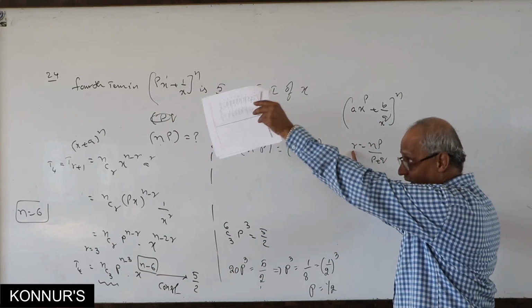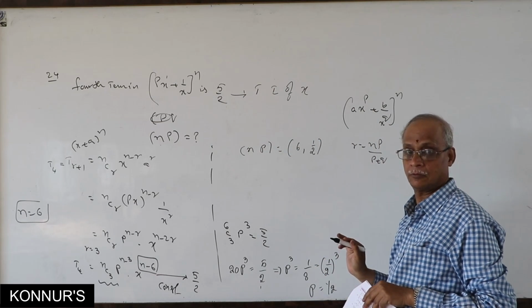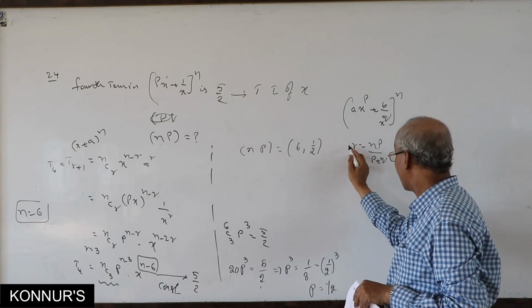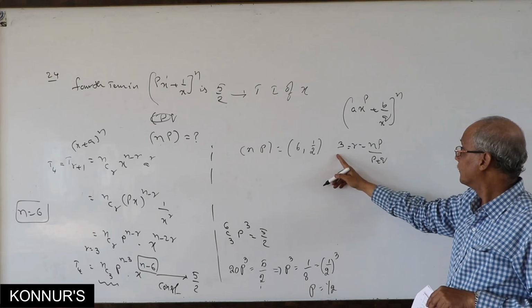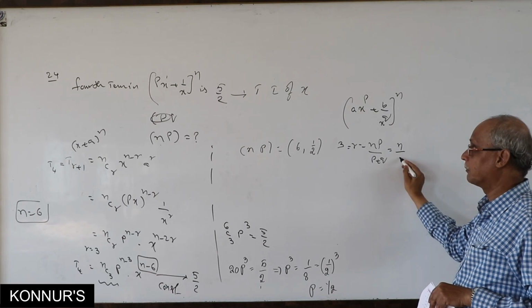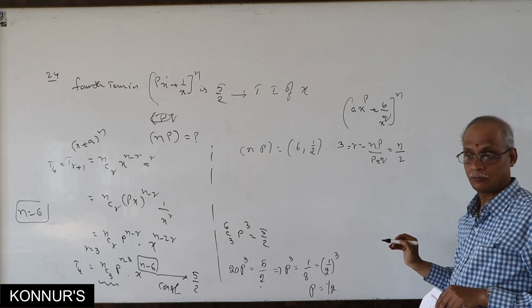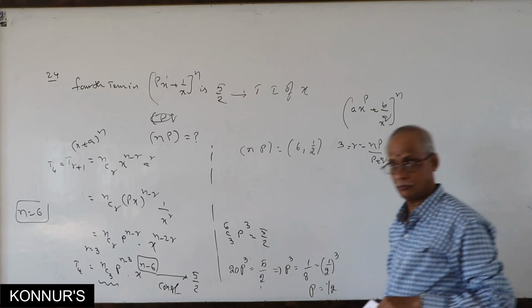He is giving you information. Fourth term is constant. He is only giving you. Then what is R value he is giving? 3. N into 1, N, 1 plus 1. Over. N equal to 6. Okay?